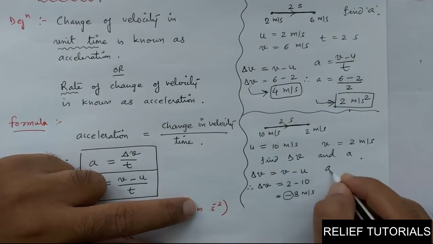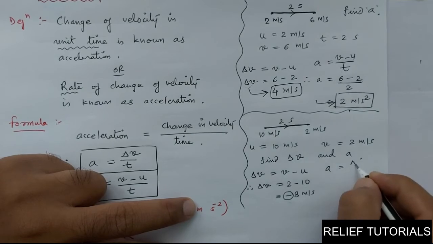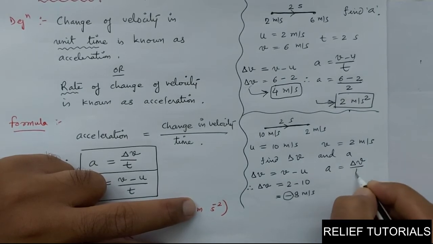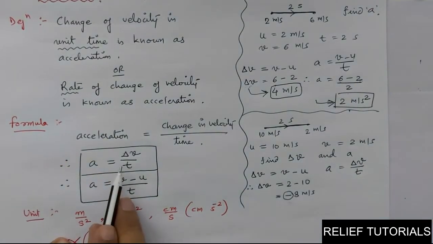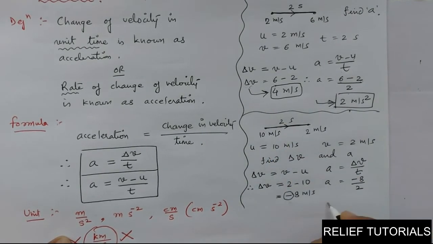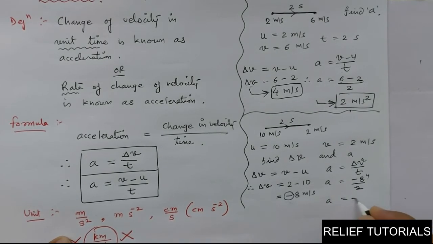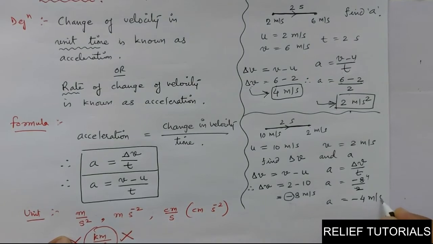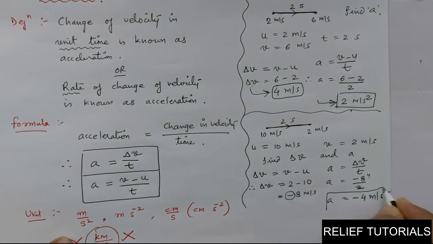Now here you find A. Can I write the direct formula? A is equal to delta V by T. We had a formula like that also. So A is equal to delta V, the change in velocity, which we found as minus 8, upon T, which is 2. Therefore A is equal to minus 4 meter per second square.